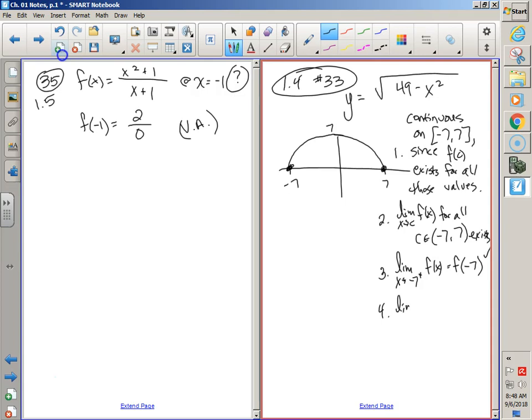Say the limit as I come from... I can even say it equals f of c. Sorry, I probably should have done that. All the limits equal all of the points in between, and as I come from above, it equals the point. As I come from below, it equals the point. So therefore, everything matches up: continuous.